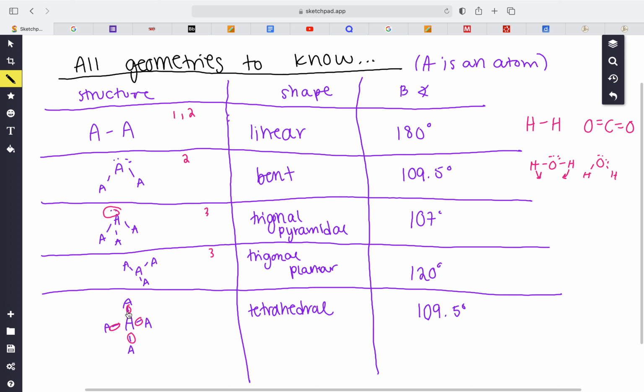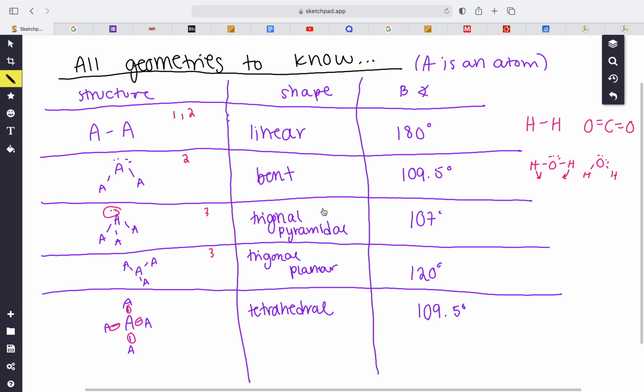So just to review, linear is going to be straight, no lone pair electrons, for something that has 1 or 2 atoms attached to that central atom. For bent, it's going to be 2 with the addition of 1 or 2 lone pair electrons on that central atom.